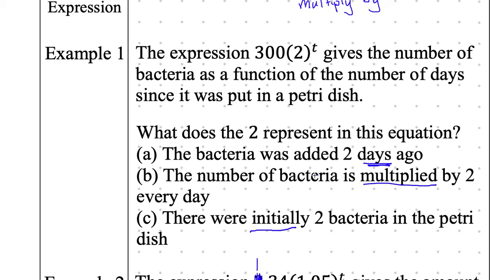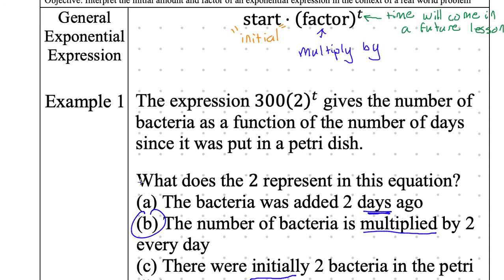Eamon. I'm saying it's B. B. Why B? Because generally the equation states that the 300 is the initial, and since everything is multiplying itself, the 2 would make sense to the equation.